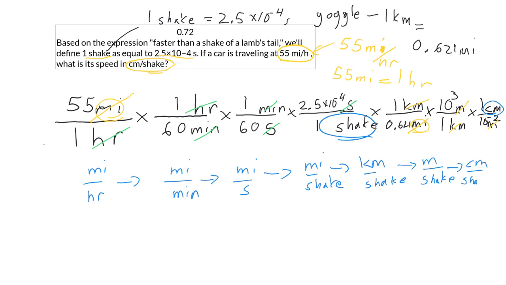So now it's just a matter of multiplying everything on top and dividing through by everything on the bottom.